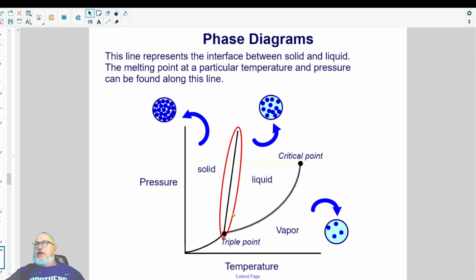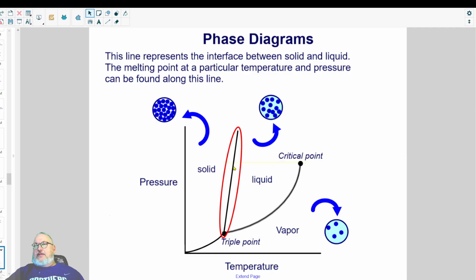So this line right here, this is the solid-liquid interface. So the melting point depends upon the temperature and pressure. Whenever this line goes from the pressure side to the temperature side, that'll tell us where it crosses.